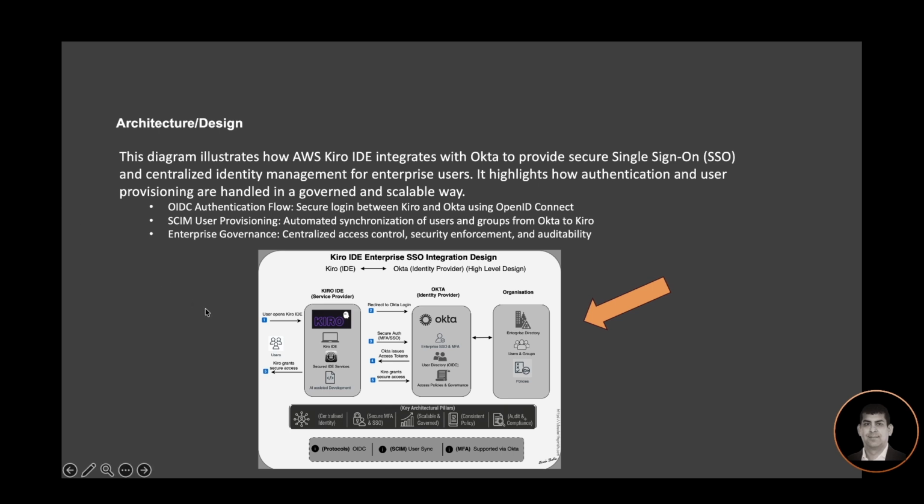So there is Kiro and then Okta, and the user and enterprise directory integration here. The flow shows secure login between Kiro and Okta using OpenID Connect, and then automated synchronization of users and groups from Okta to Kiro.